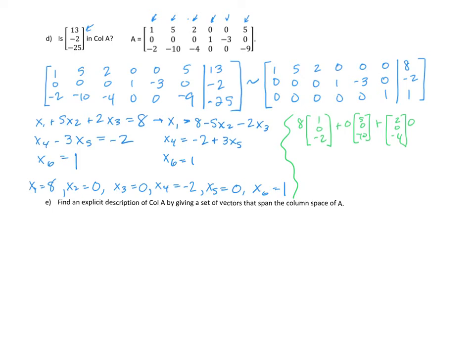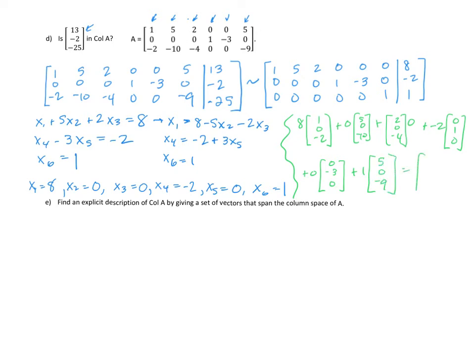And then x4 is -2 times the fourth column of A, which is 0, 1, 0. x5 is 0, put that on the fifth column. And x6 is 1, I put that on the sixth column of A.